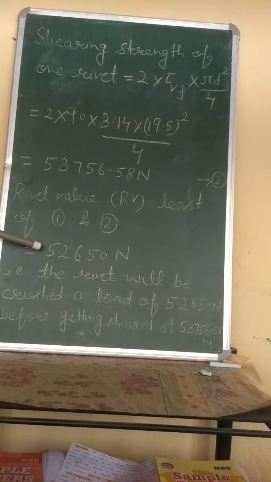That is 52,650 Newton. So the rivet will be crushed at a load of 52,650 Newton before getting sheared at 53,756.58 Newton.